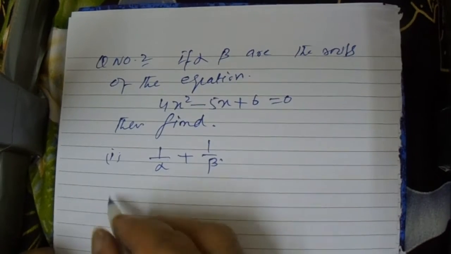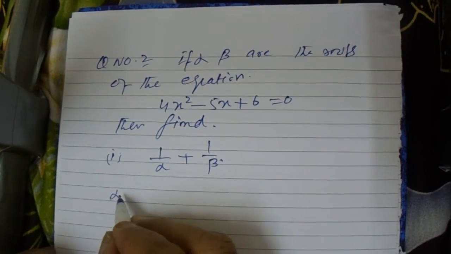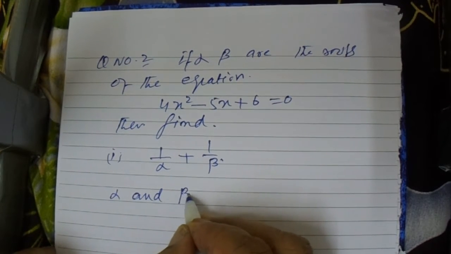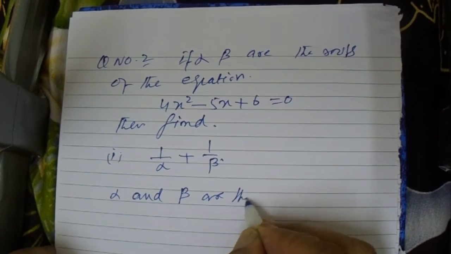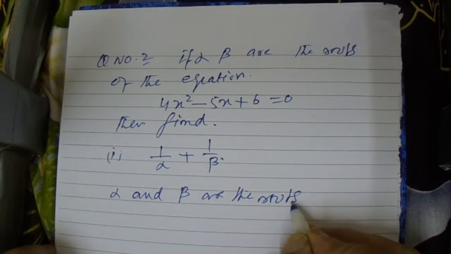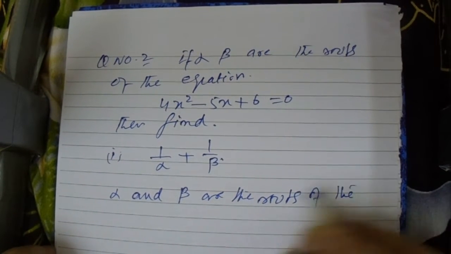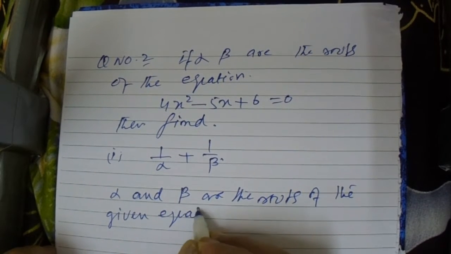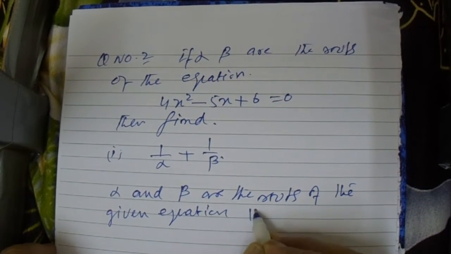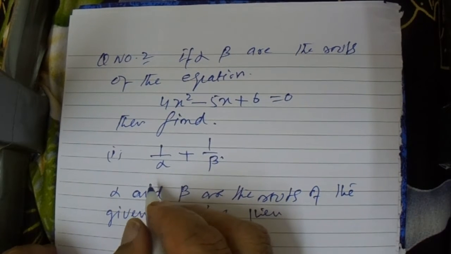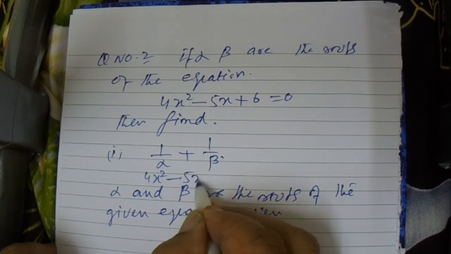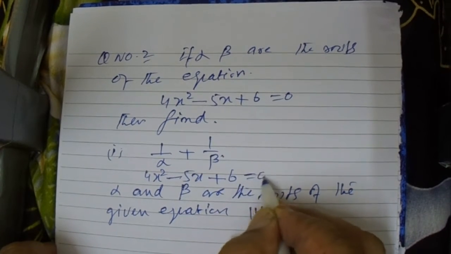Now we again write: alpha and beta are the roots of the given equation. Then the equation is 4x square minus 5x plus 6 is equal to 0.